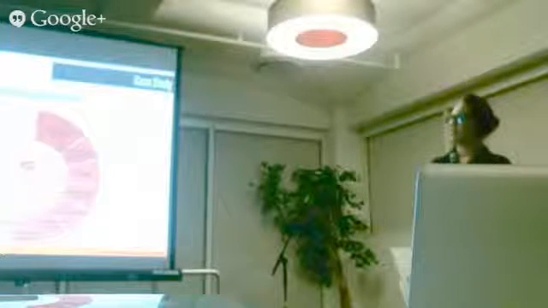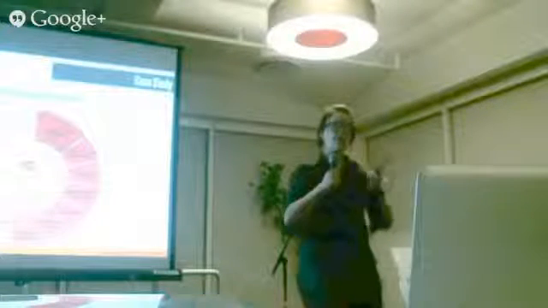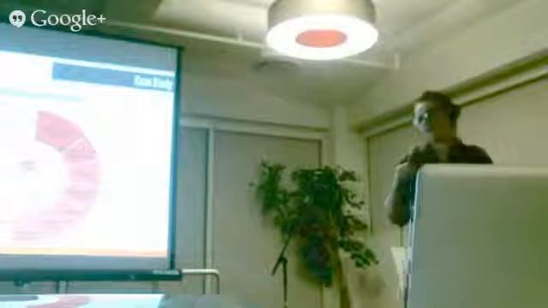So here's the project lifecycle. Again, this is not a how-to on taxonomy. This isn't a workshop. This is just what I did, and it worked for me.